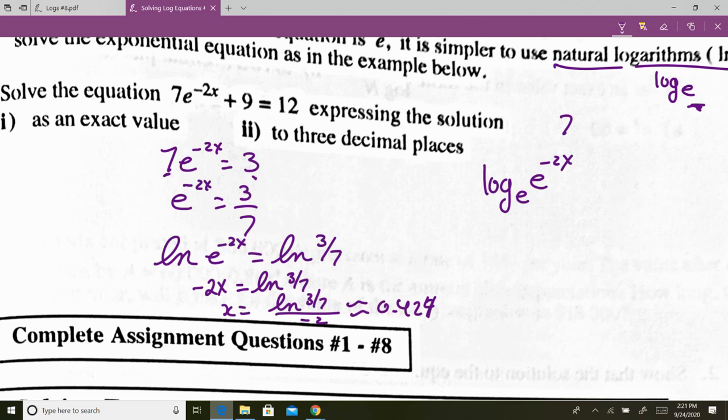But anyway, your answer is natural log of 3 divided by 7, all divided by negative 2. So when you see e, start thinking of the natural log. Any questions about that? 4 and 7, please.